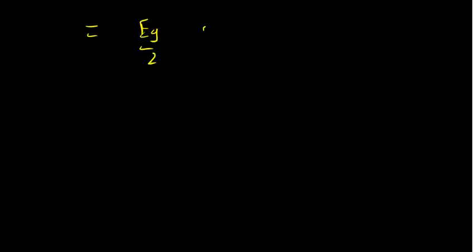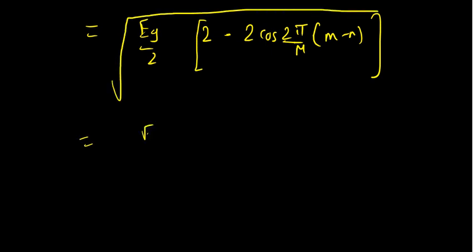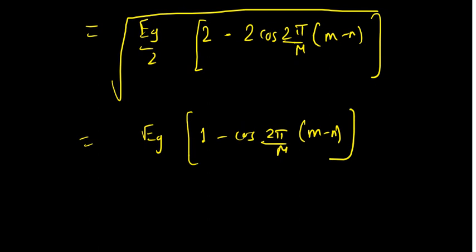Now we have the reduced equation, twice cosine 2 pi by m into m minus n, and this is under root. So just take 2 outside and we are left with 1 minus cos 2 pi by m into m minus n, that's it. So we reduced our equation to the most compact form, the distance between 2 points m and n.